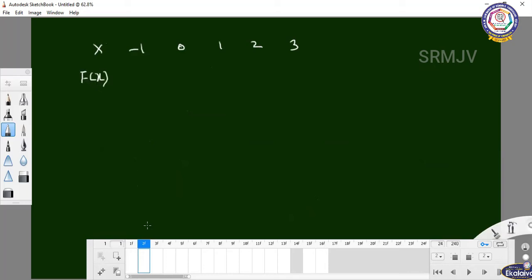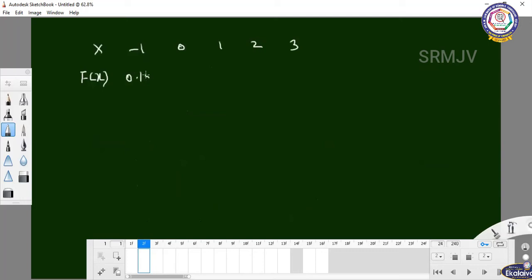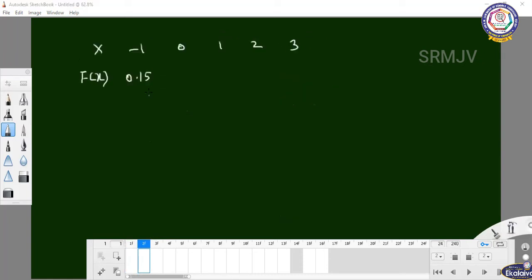F of -1 is 0.15, F of 0 is 0.35, F of 1 is 0.60, F of 2 is 0.85 and F of 3 is 1. They have given us the cumulative distribution function.